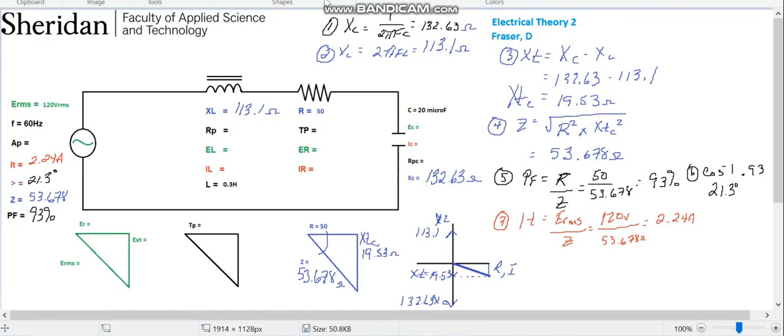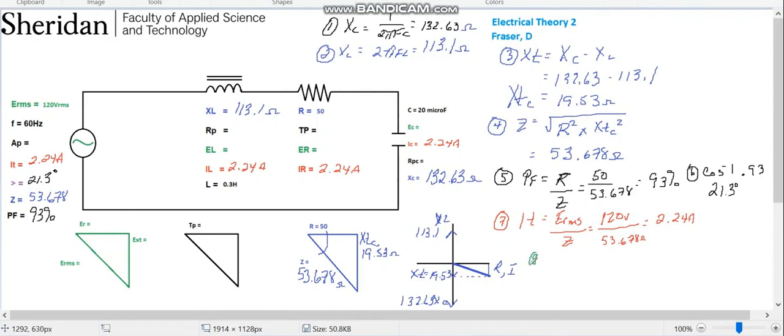Okay. Next step, we can write our currents in there. I'll write the currents in there. All right, now we can find our voltages. So we'll start at our capacitive voltage.